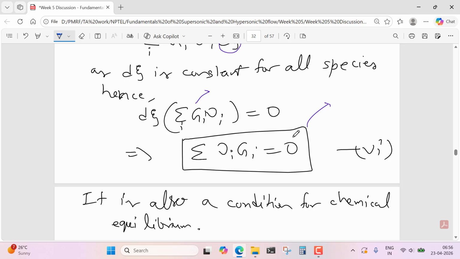So let's say for any reaction, we know the stoichiometric coefficient of that reaction, and we know the free energy of each species. We can find the condition of chemical equilibrium.